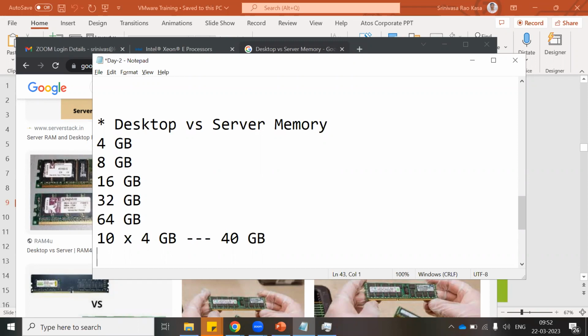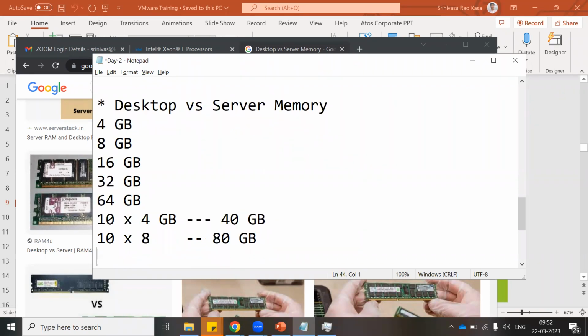Each slot can support from 4 GB to 64 GB. For example, 10 into 8 GB, how much am I going to get? I'm going to get 80 GB of memory. Like that, if I install all slots with 16 GB, I'm going to get 160 GB of memory.